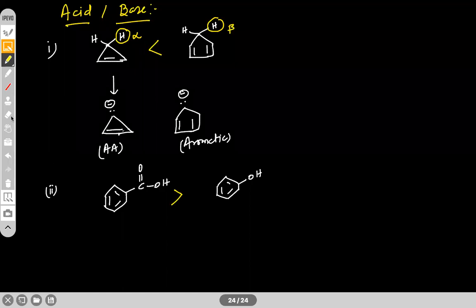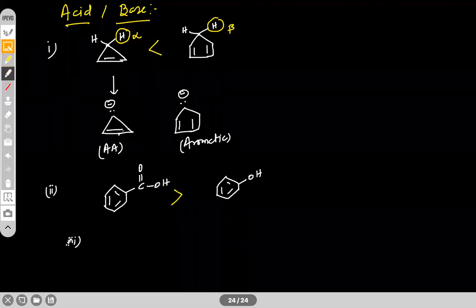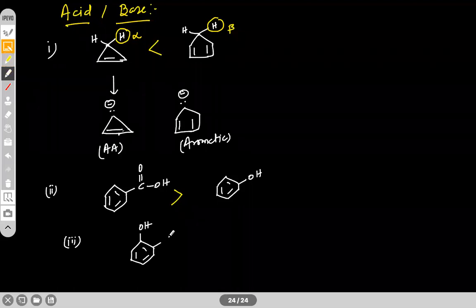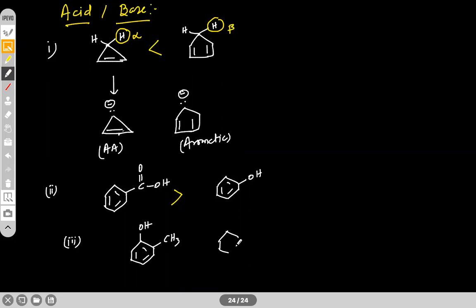Okay. What is the acidity order in this compound? OH on the top. Here we have CH3. OH on the top, CH3.